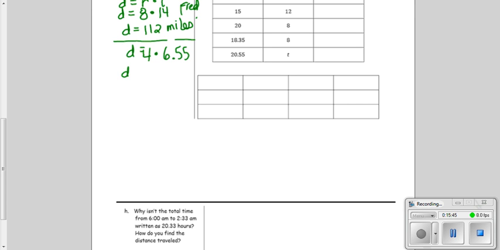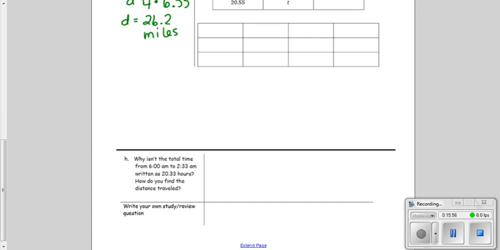So his distance is 26.2 miles. Another way to figure that out would have been 138.2 total miles minus the 112 miles total, and that would equal 26.2 miles. So this is Fred doing the biking, this is Sam doing the running.